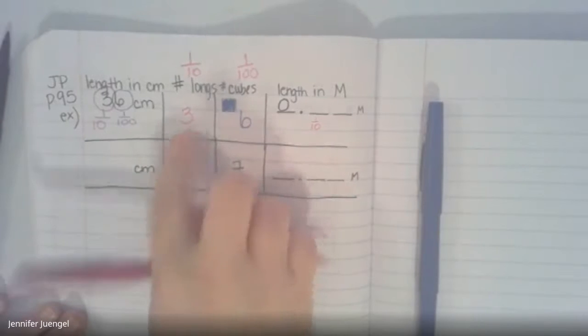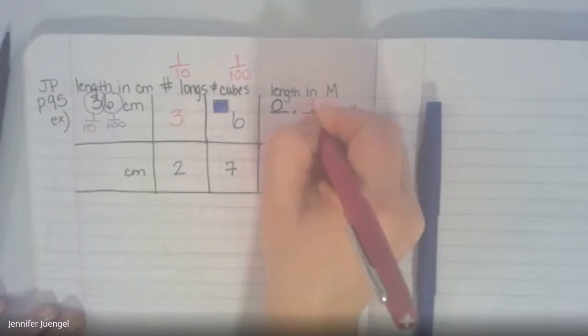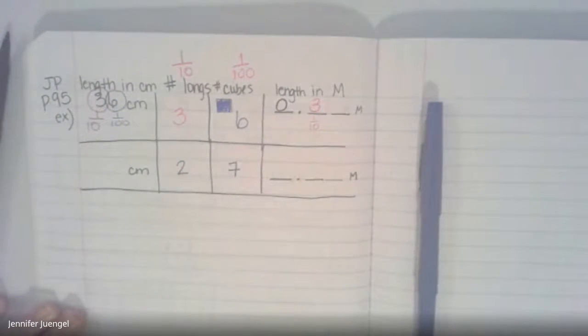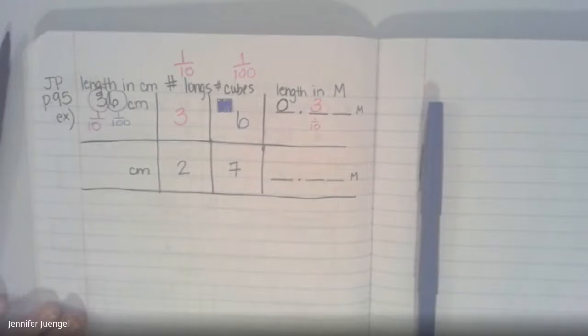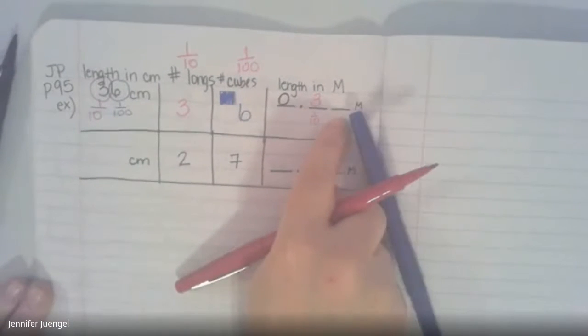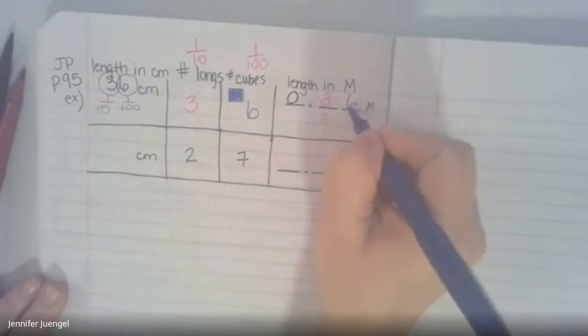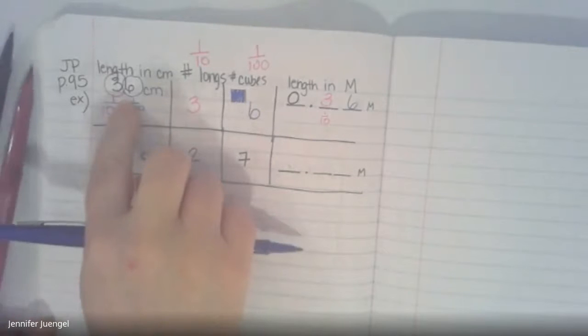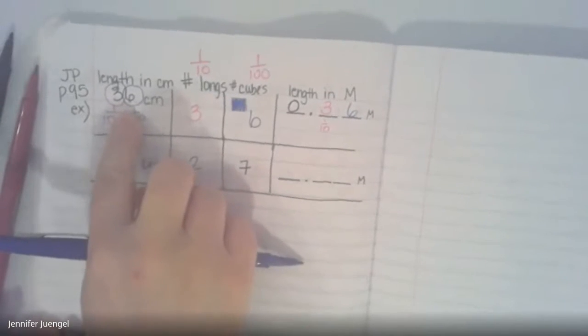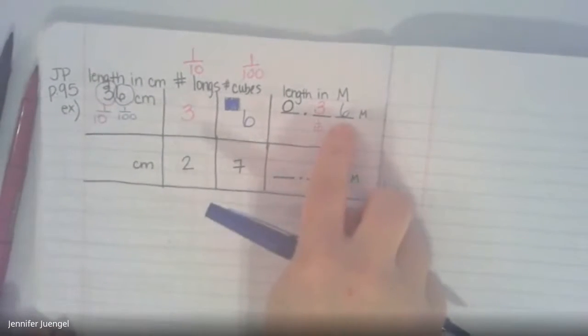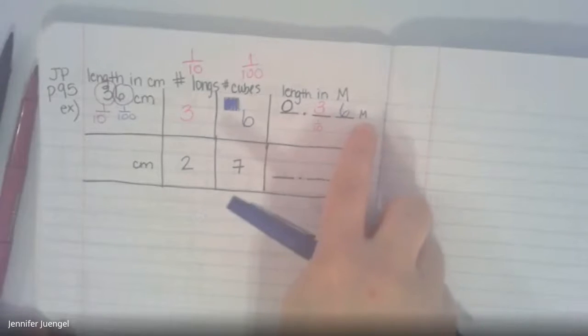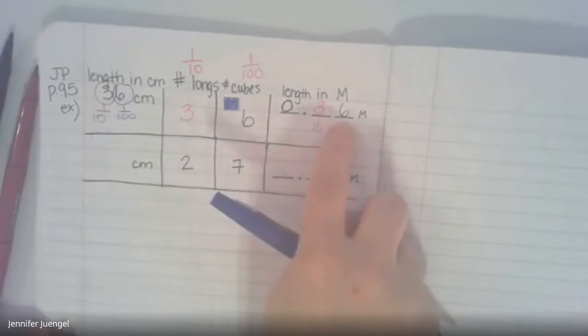We had 3. So the 3, just like yesterday when we were writing tenths and hundredths, goes in the tenths place. And the digit in the hundredths place would, of course, be 6. So we write that 36 centimeters is equal to 36 hundredths of a meter.